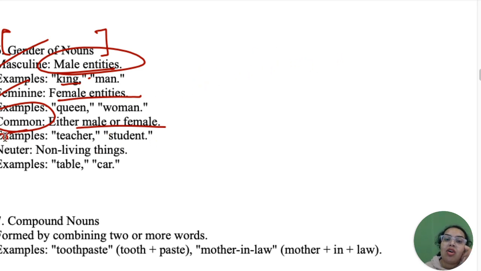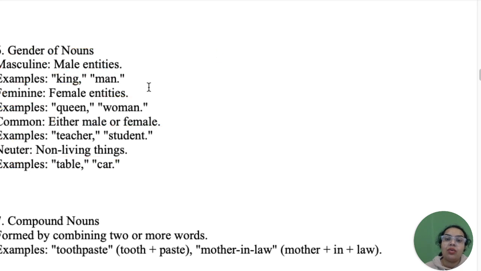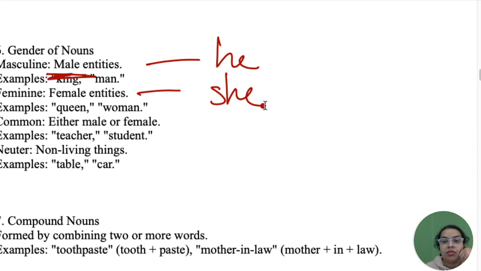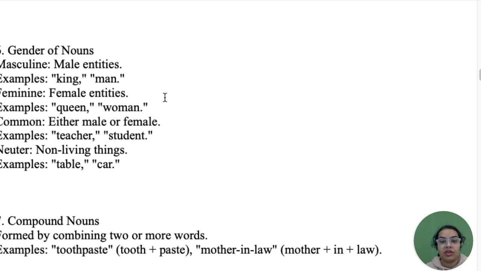That's why they are common gender. And then we have neuter gender, that means they don't have life, so non-living. Why are they important? Once again, only so that in the sentence ahead, if I'm using he, it should be for masculine. If I'm using she, it should properly refer back to feminine. So this is the whole sense of it.